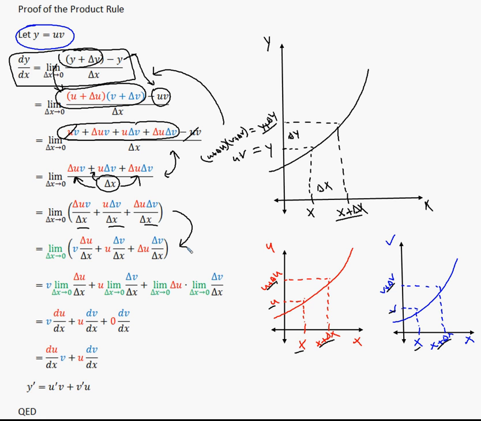Since these are just products, we take the v and kind of move it down in front, right? So that it's in front of that fraction of delta u over delta x. And same thing with the u and the delta u over here. And you could just as easily have done delta v on that third fraction. Either way, it doesn't matter, but we're going to do it this way.